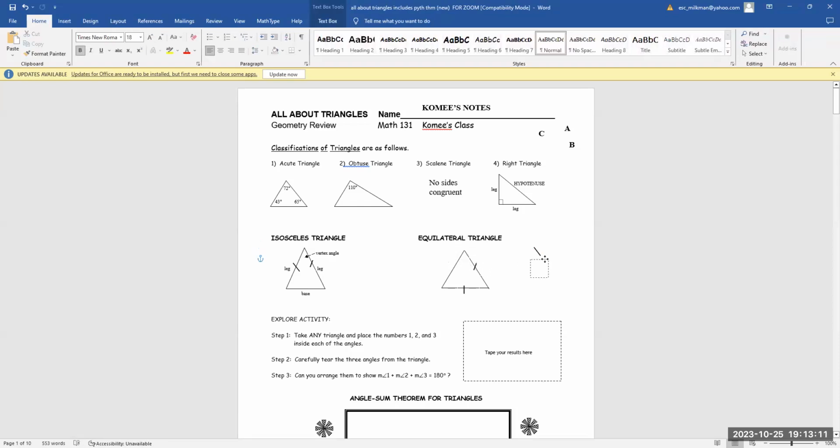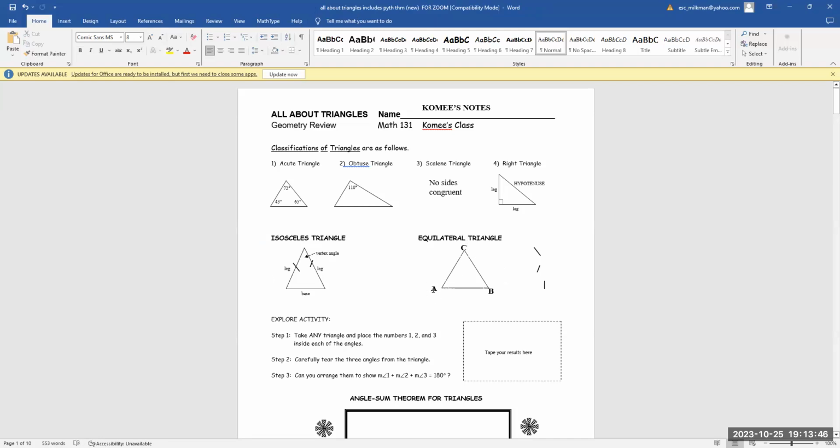A triangle is usually labeled by labeling each one of the angles with a capital letter. For example, I could call this triangle capital A, B, and C. When we name each one of the angles with a capital letter, we have a very special way that we then label the sides of the triangle.